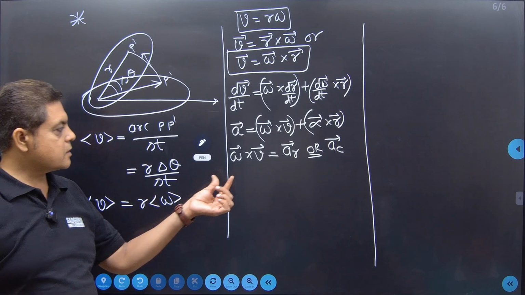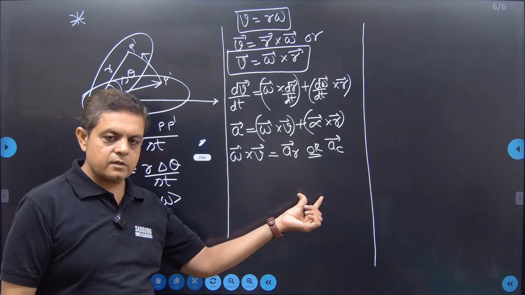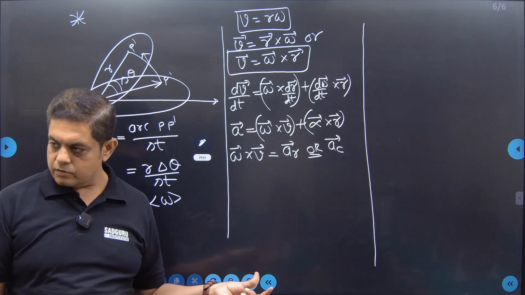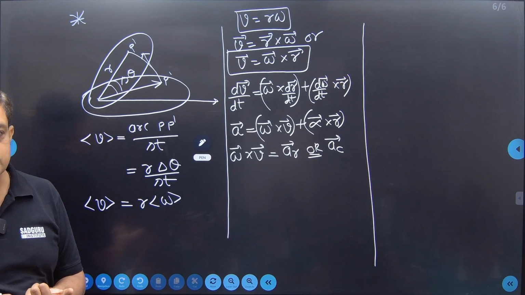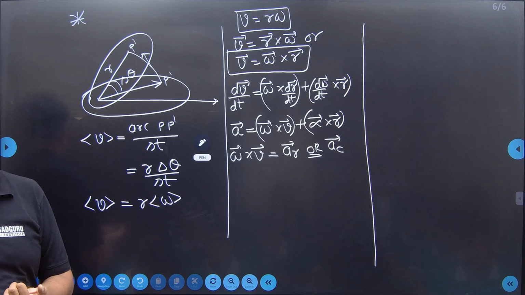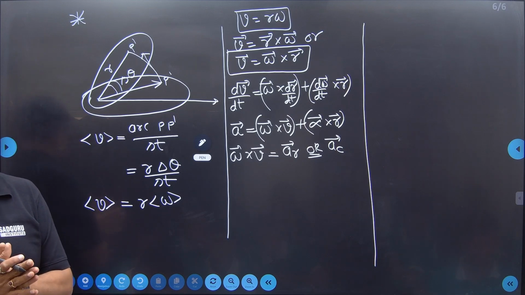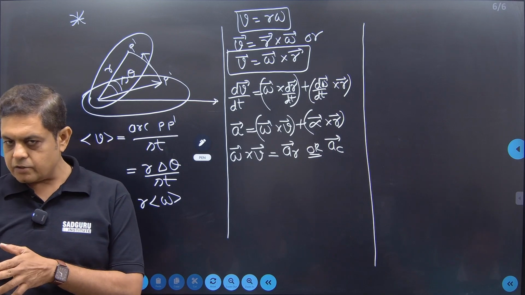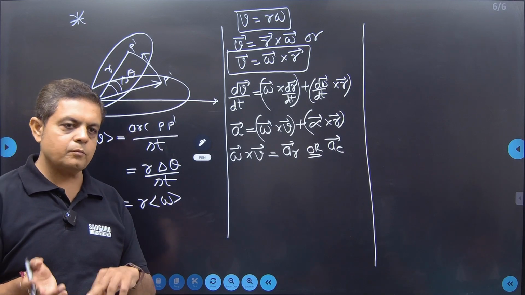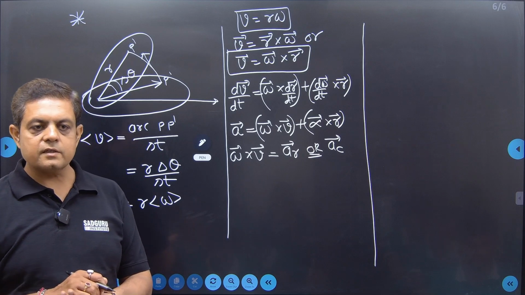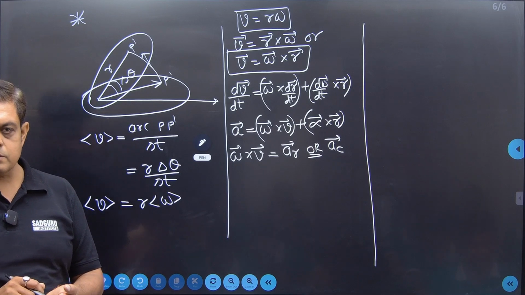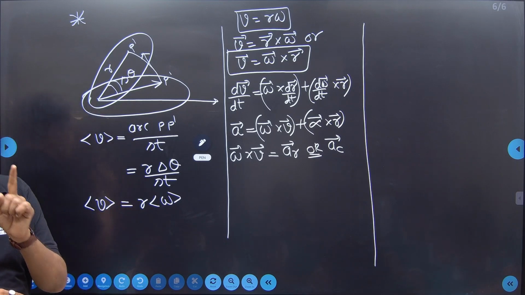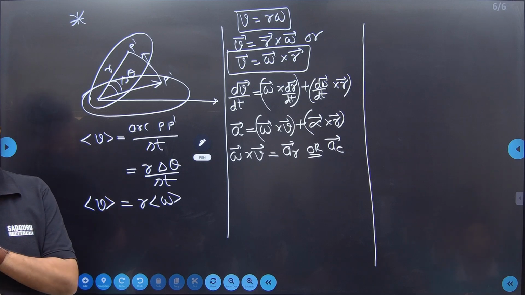But this component, which is called radial acceleration or centripetal acceleration, is responsible for change in direction of the velocity. Velocity can be changed by either change in direction or change in magnitude or both. So radial acceleration or centripetal acceleration is responsible for change in direction of velocity.